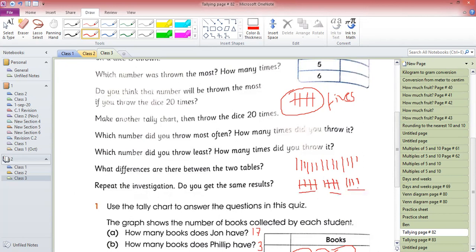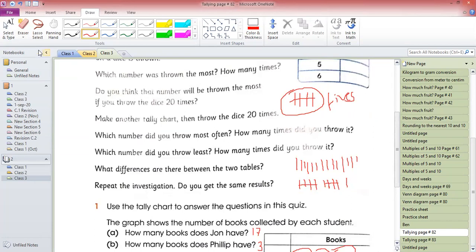So that's why we do tally in that way. Whenever you have more than four objects, for the fifth object you will cut it out, and then you will again start marking single objects, 1 2 3 4. When it again becomes 5, again cut it out. This is how you mark tally.